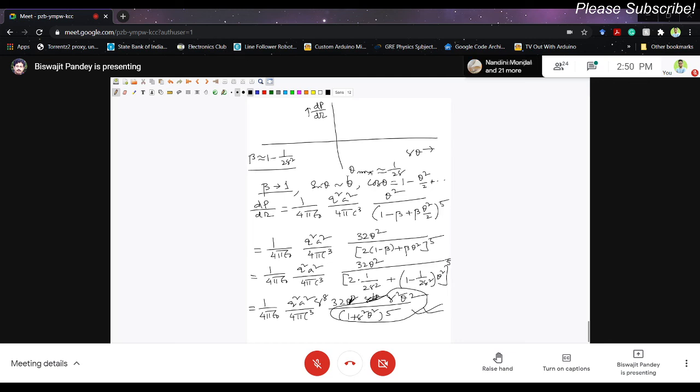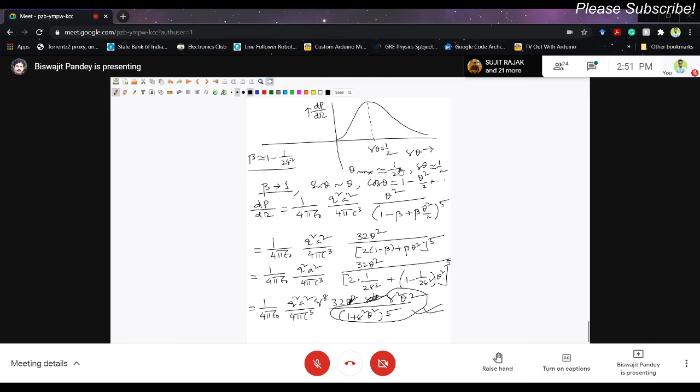That means the maximum power will appear at gamma theta equal to around half, right? So this will go like this, reach a maximum, and then gradually go down. This is gamma theta equal to half, where the maximum will appear.